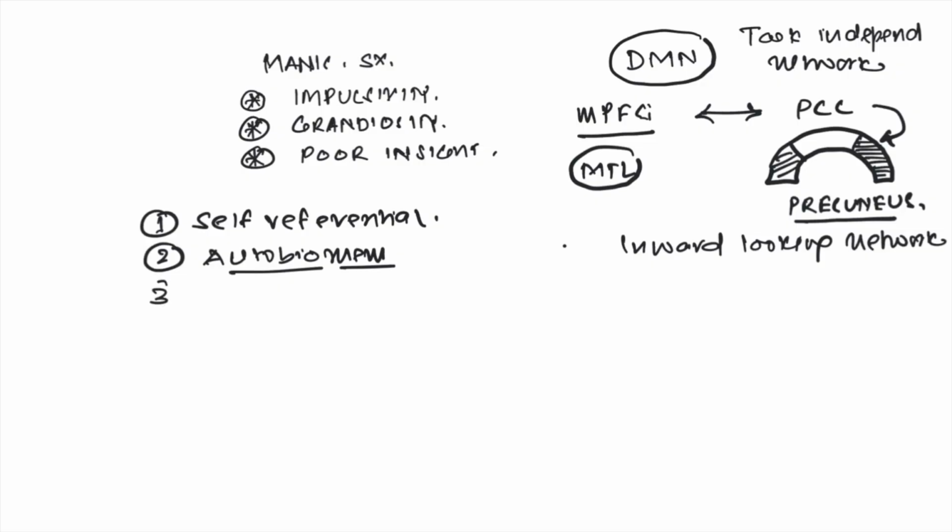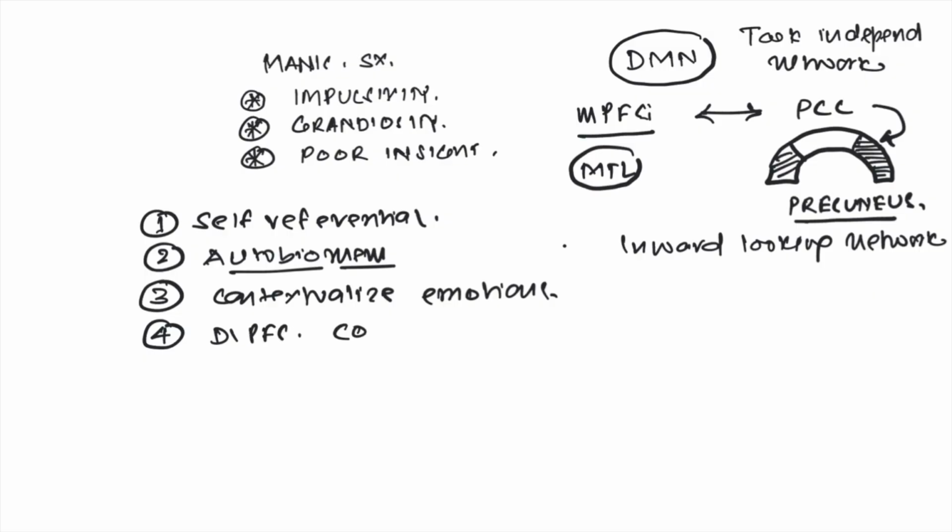right? Third, it will also contextualize your emotions. Okay. Plus, along with the dorsolateral prefrontal cortex, it also plays an important role in cognitive reappraisal, right? And we talked about it.